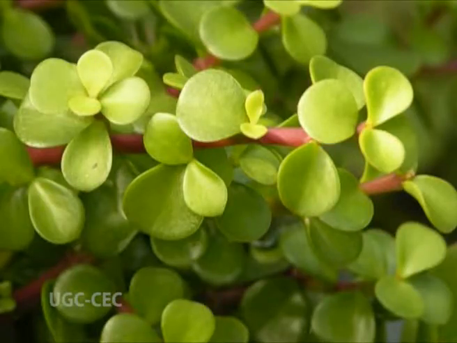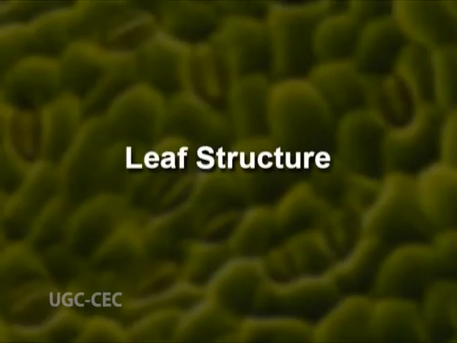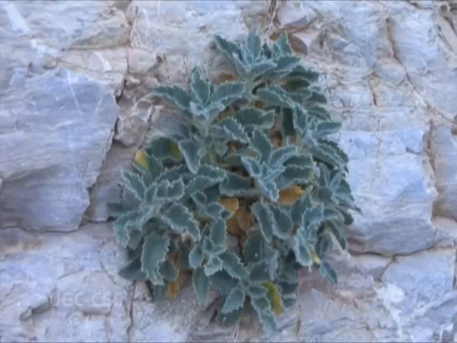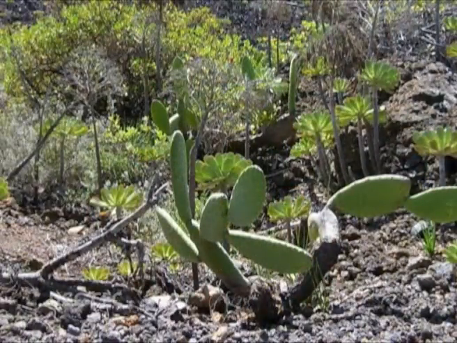Leaf structure. Several structural features lessen the rate of transpiration. These include thick cuticles, thick cell walls, sunken stomata and hairs or pubescence. In general, xerophytic plants, which are adapted to dry, hot climates, have thicker cuticles than those which are adapted to cool, moist climates.